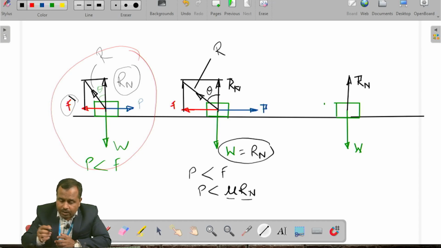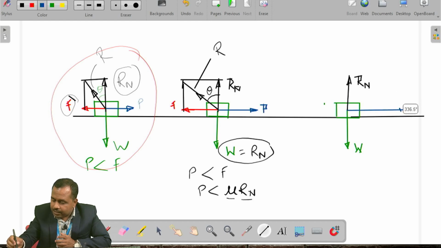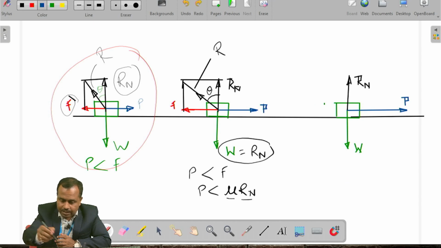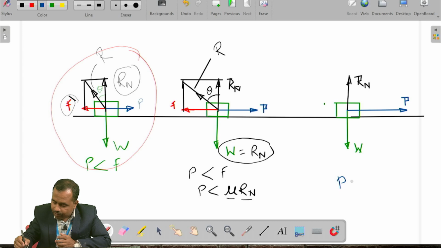Okay, now here I'm going to increase the effort P. You can see that I have increased the effort P. Now the applied effort P is greater than F, which is the product of mu into Rn.